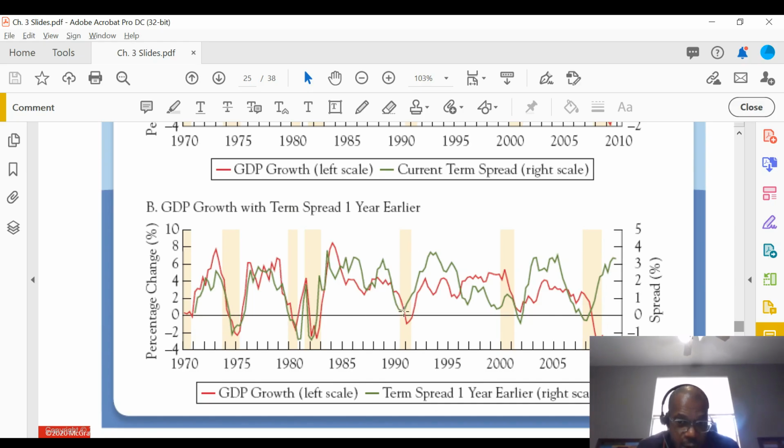And what you see is that they overlay each other, meaning that that inversion of the yield curve where the short-term interest rates are higher than the longer-term interest rates tends to predict recessions in about a year before they happen. This is why inversions matter.